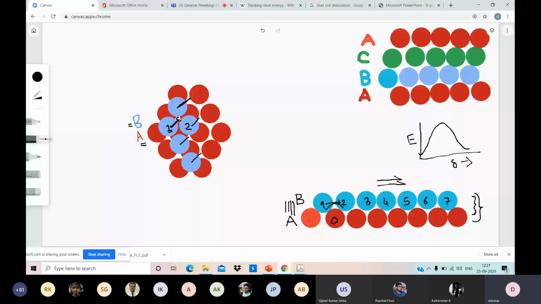But since you are continuously applying pressure in this direction, that is a metastable state. B atom in C position is not a stable state, it's a metastable state. It will come back to the more stable state, C to B, again moving along these grooves.